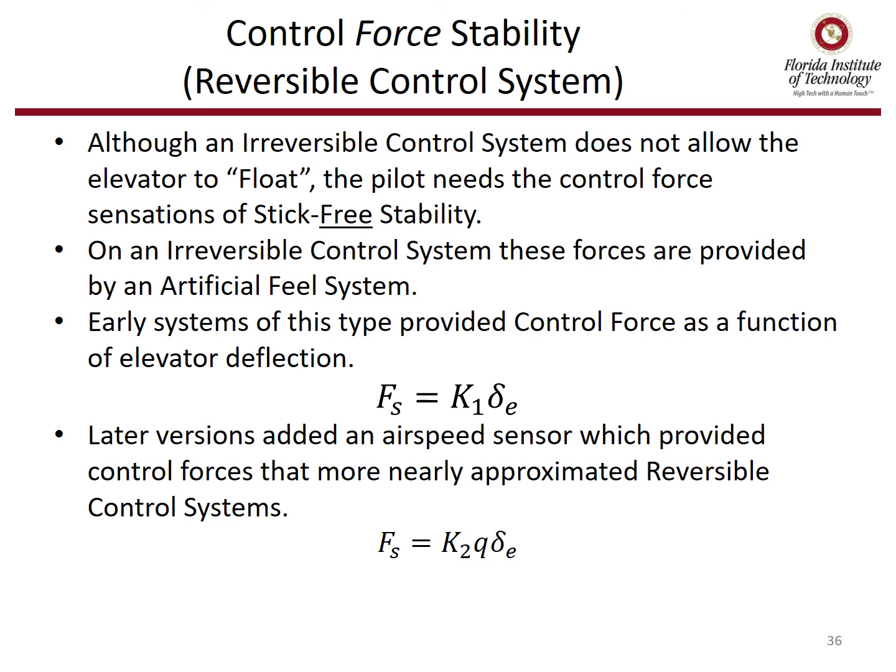In other words, the flight control system adds force to the pilot so they can feel like it's a reversible control system. In the early times, they basically just took a constant K1, some multiple of the elevator deflection, and that was the force that was fed back to the pilot through the control stick. Later versions, they brought in airspeed or dynamic pressure so that different forces happened at different airspeeds.